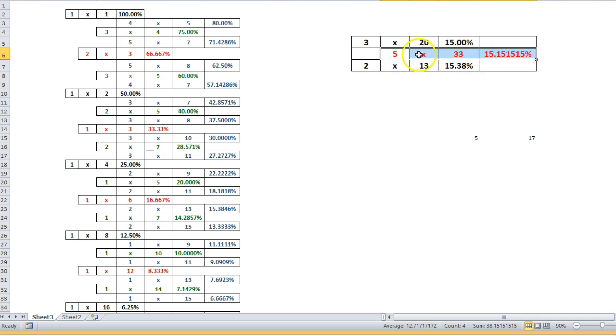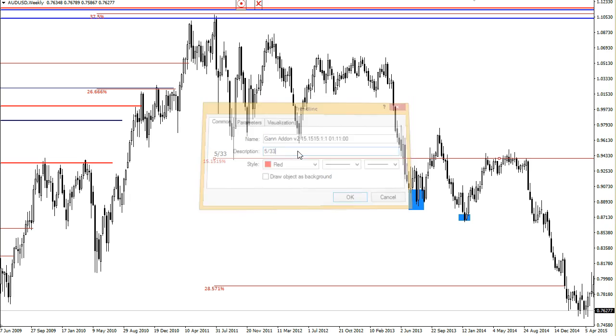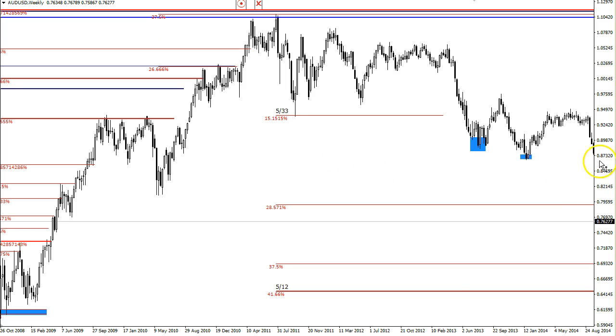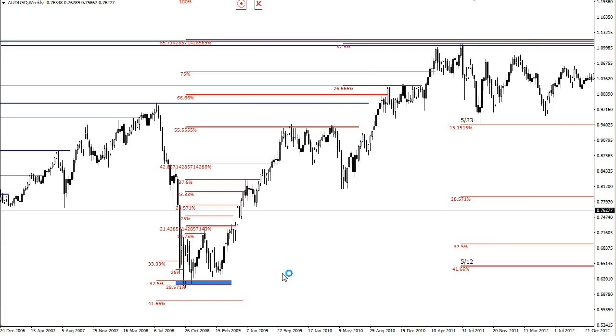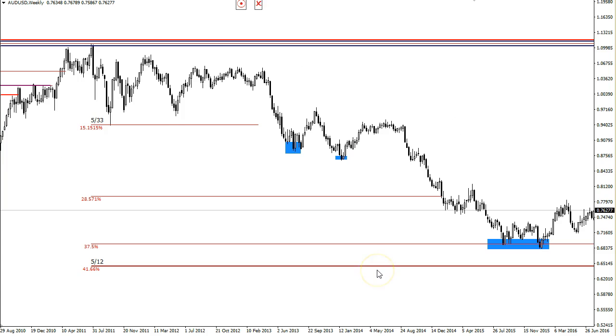But I need you to notice something here. This is why I pick 15.1515, because it's coming from 5 divided by 33. 5 divided by 33 has a relation with the percentage that I'm watching. The 41.66 is 5 by 12, and I have here 5 by 33.